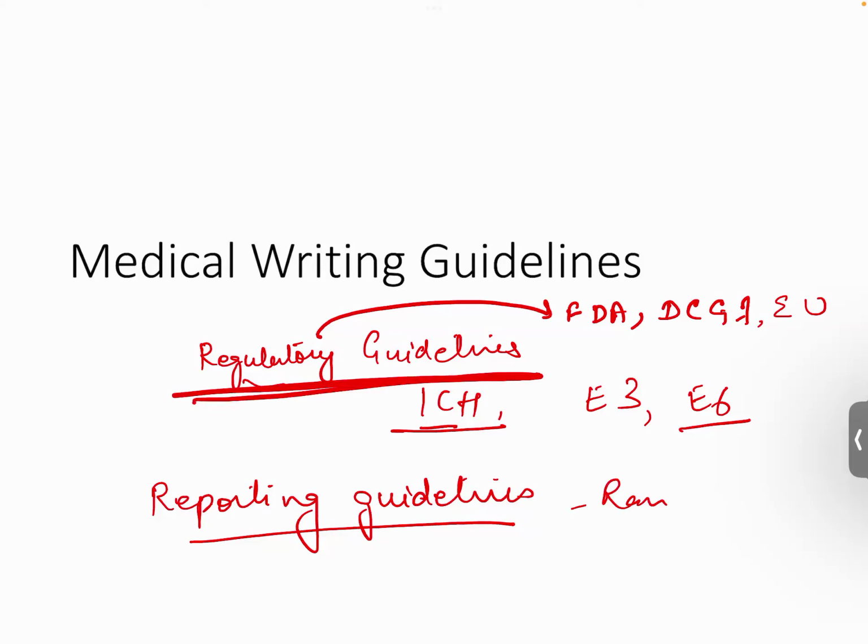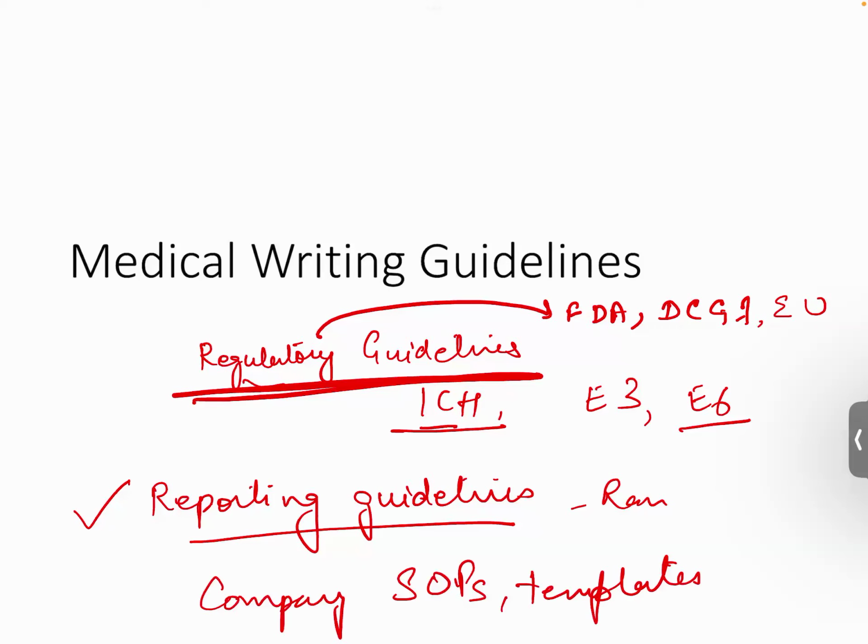This is non-negotiable. Even in your interview questions, very rarely will people ask you about reporting guidelines, because they are going to teach you. It is part of company SOPs and templates. Listen to me very carefully.